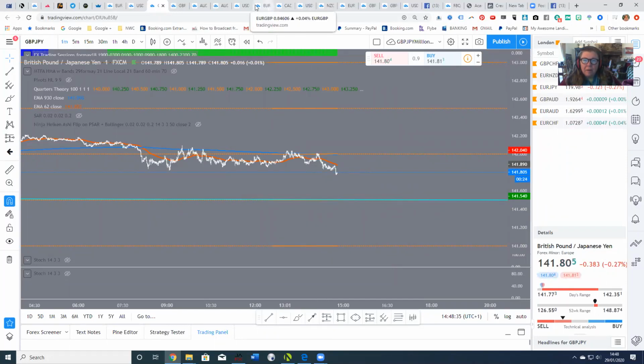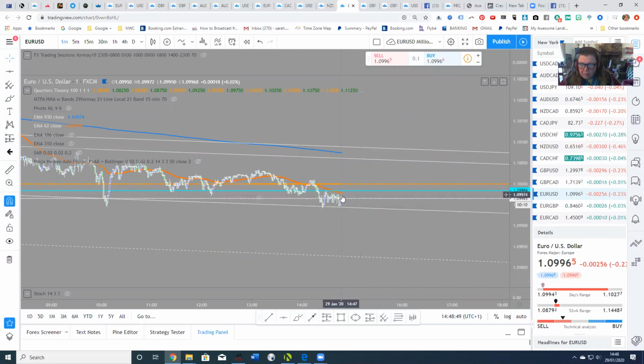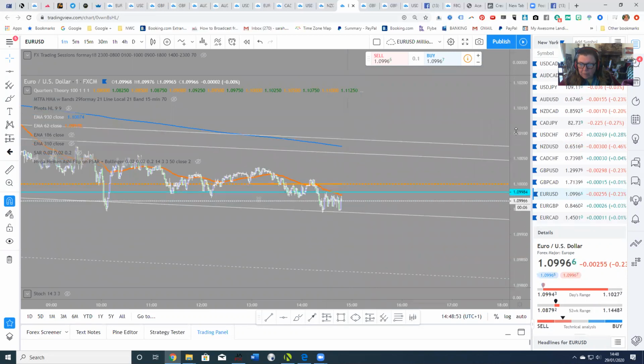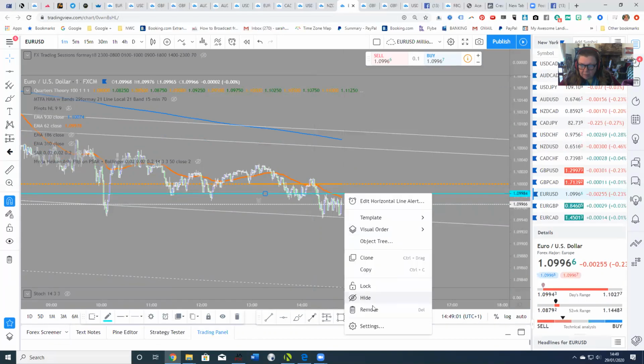Let's have a look at another Euro. Euro USD. I had quarter theory sell, but look for the pitchforks. It's got a pitchfork trend line here. So you can see that this is the 1 minute chart, that it has moved now off. That's why I'd set that there.